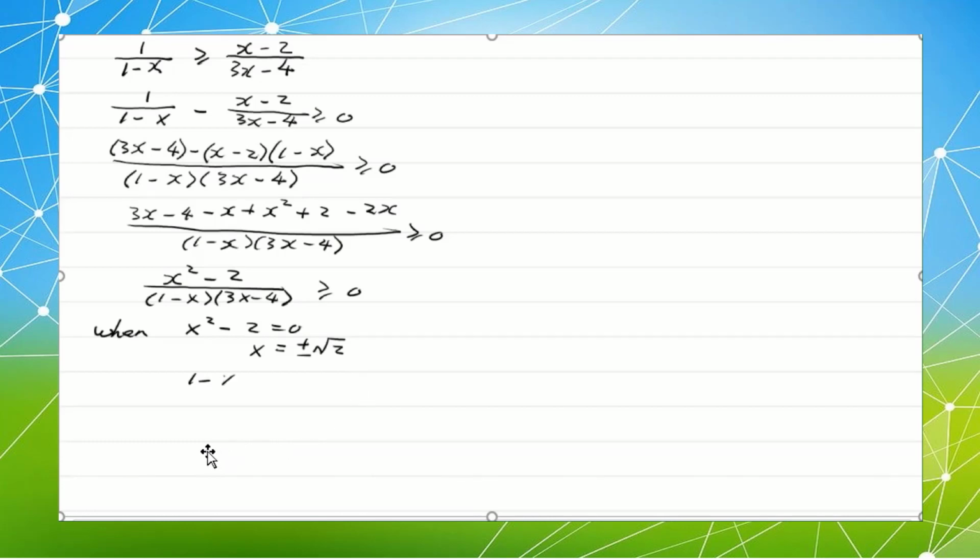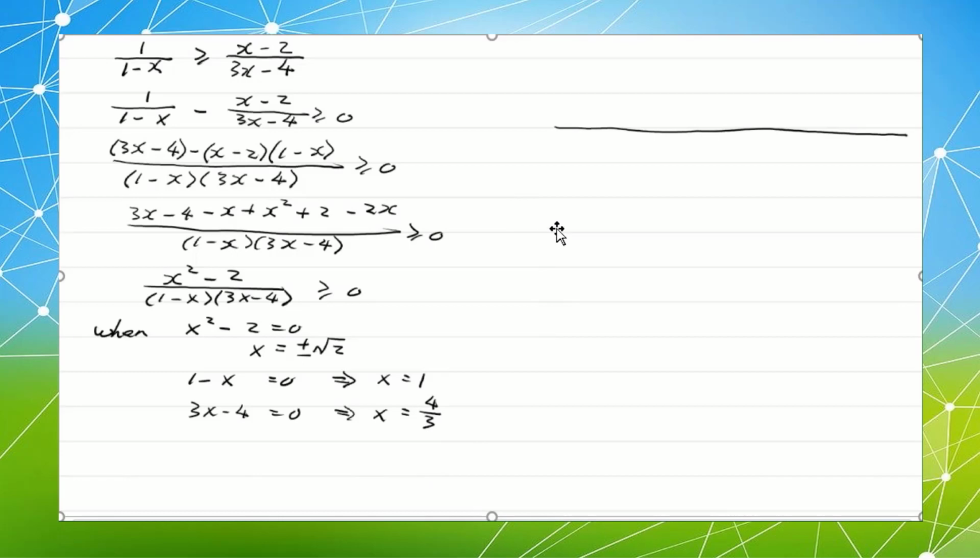Then when 1 minus x equals 0, we found that x is equal to 1. So when 3x minus 4 equals 0, then x is 4 over 3. Now we try to mark these values by using a number line.